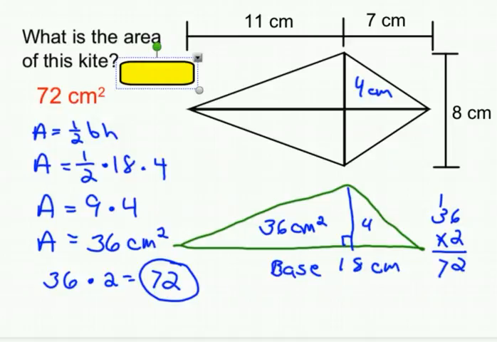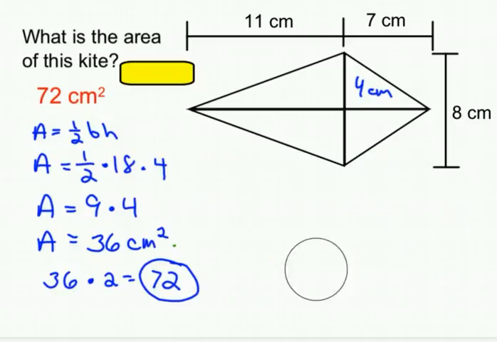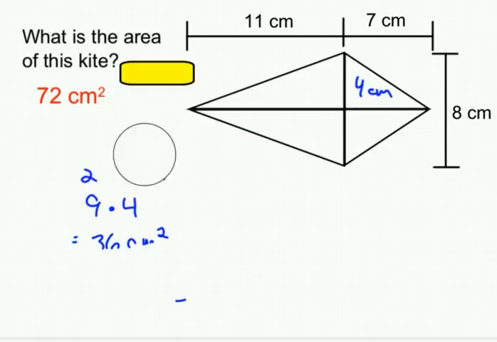And the important thing that you wanted to remember is that you took this and you broke it up into two triangles. Now, one of the things that some of you might have actually realized is that you could have even done this a different way. Okay?